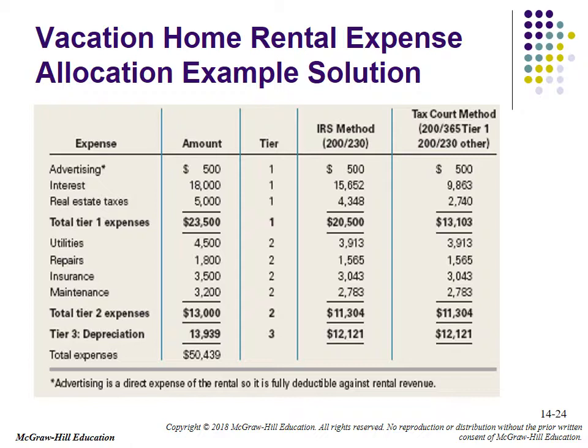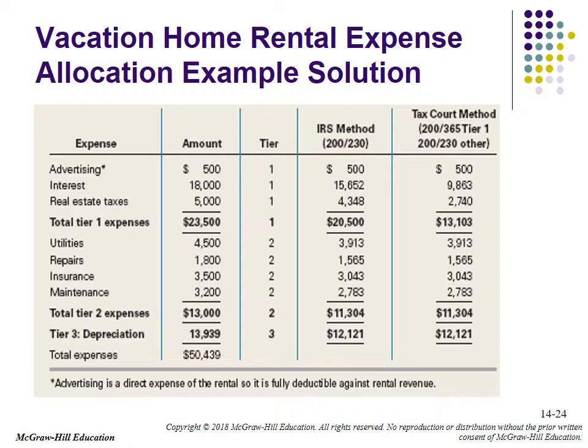There's their advertising. Their first set of items that they can deduct are Tier 1. Under the IRS method or the tax court method, all $500 is deductible because it's a direct rental expense. The next items are interest and real estate taxes. Calculate your deduction under the IRS method, which says take the number of rental days over the total number of days.